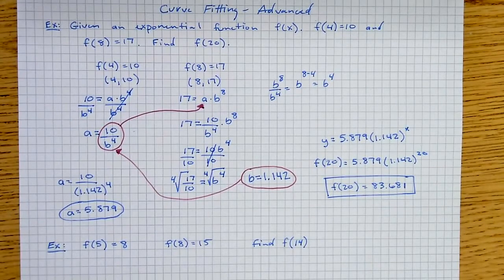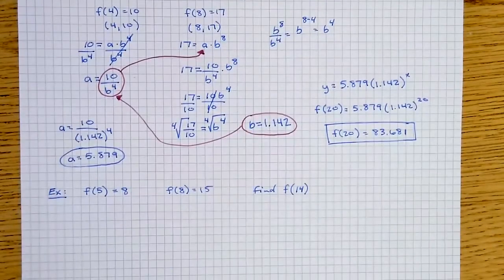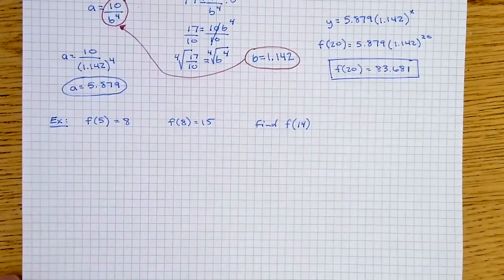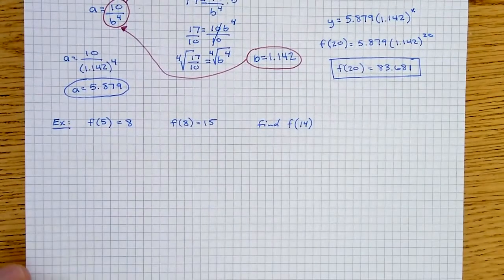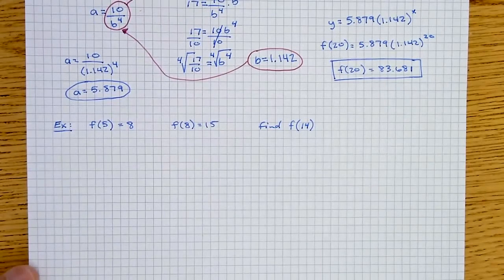Okay, I'll do another one for you before I have you try some on your own. So given f of 5 equals 8, f of 8 equals 15, find f of 14.